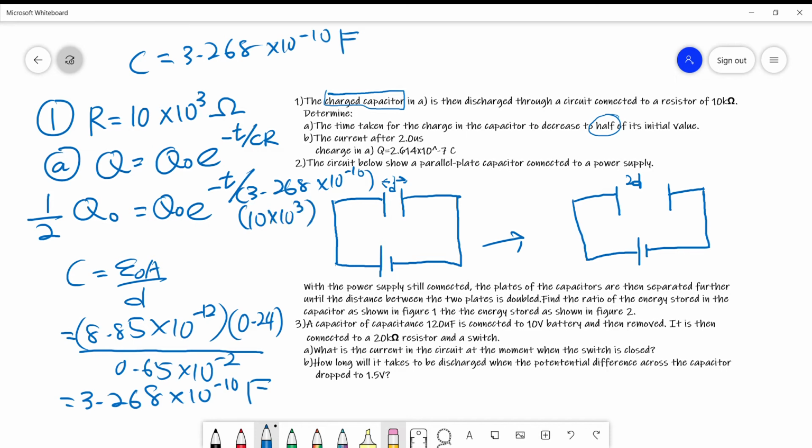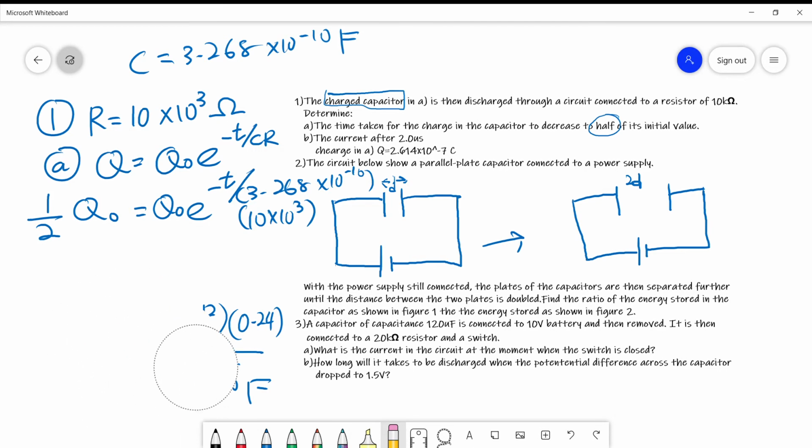So finally I can calculate the time taken for the electric charge to decrease to half of its initial value. Basically Q naught and Q naught can be cancelled. Let me just calculate for a while.